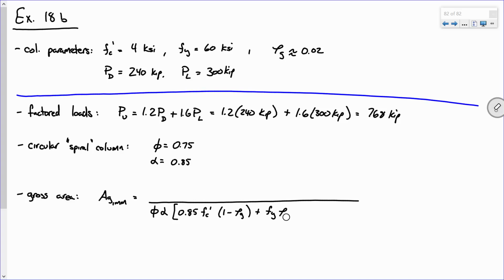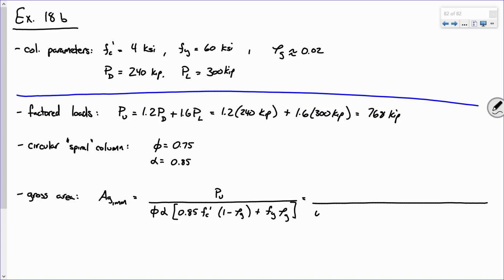So we are assuming a reinforcement ratio and using that assumed amount of reinforcement to figure out, okay, if that's how much reinforcement we were given, what's the required area of our concrete? And all that's under Pu.